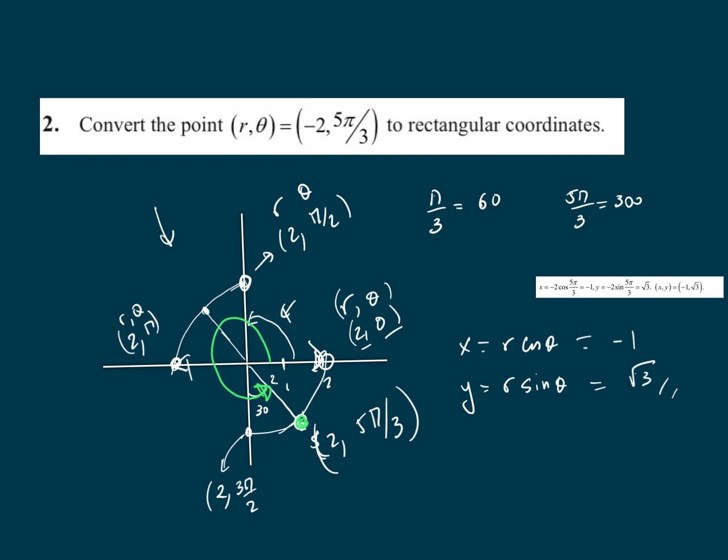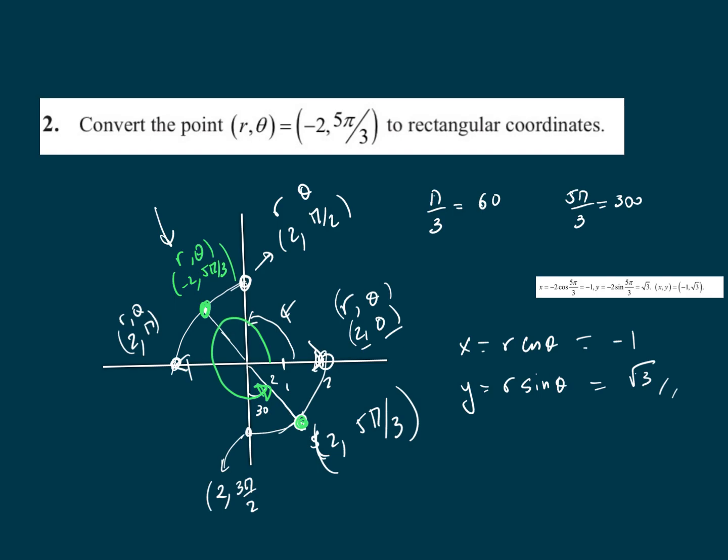Who is the point (-2, 5 pi divided by 3)? The point (2, 5 pi divided by 3) is this point. What is the point with minus 2? It is the image of this point through the center. So it is here. This is the point in polar coordinates (-2, 5 pi divided by 3).